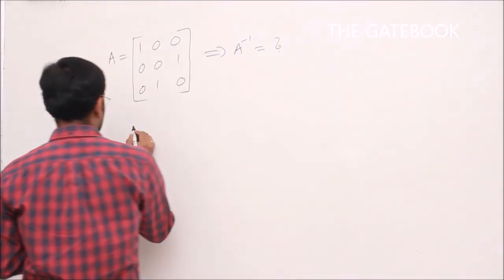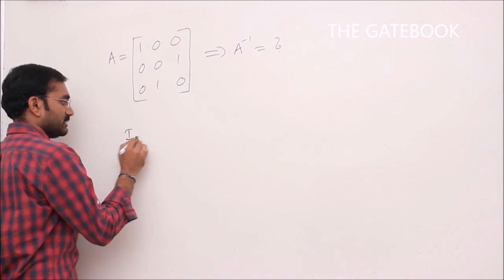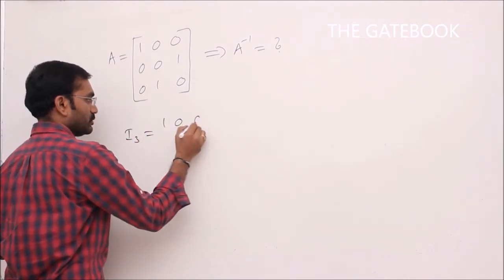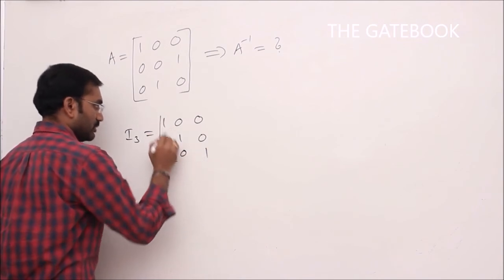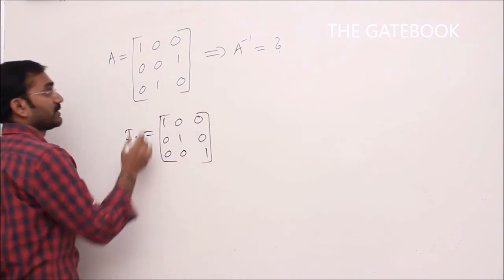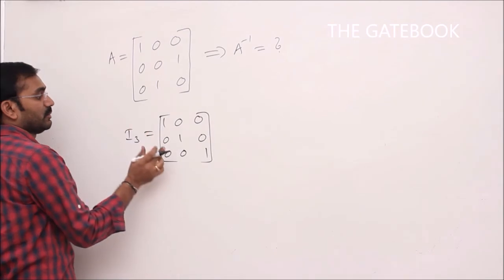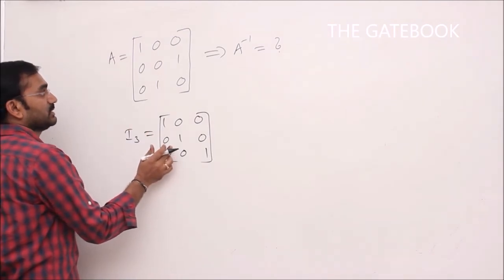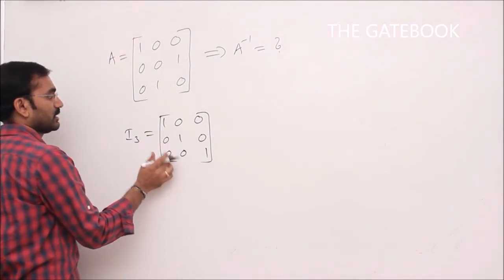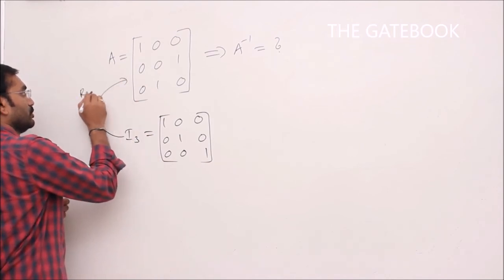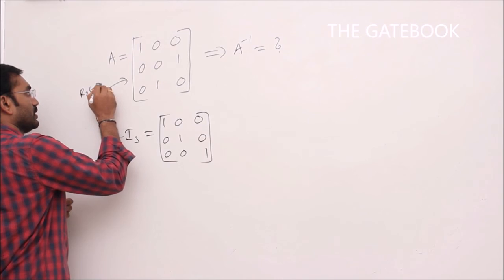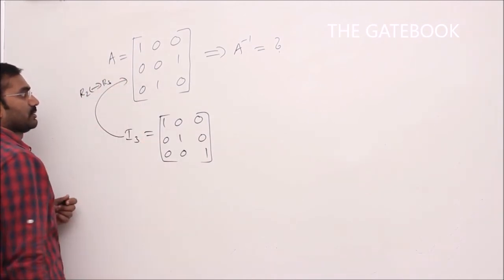See here, let us say I3. What is I3? We know that I3 is equal to 1 0 0, 0 1 0, 0 0 1. So it is a matrix obtained from I3 by interchanging second row and third row, R2, R3.